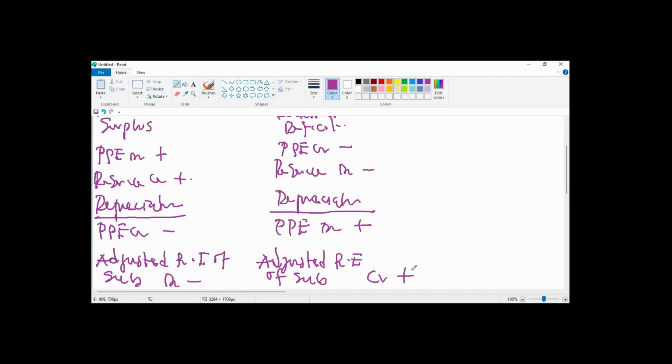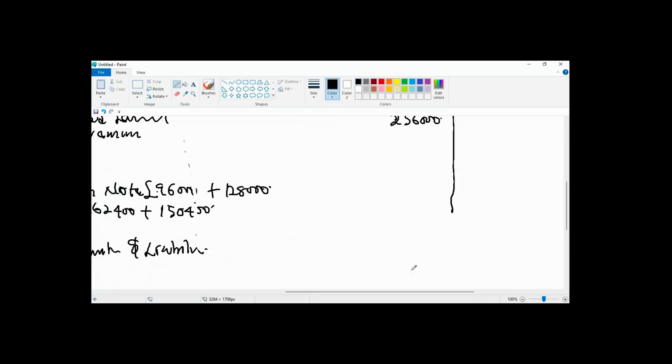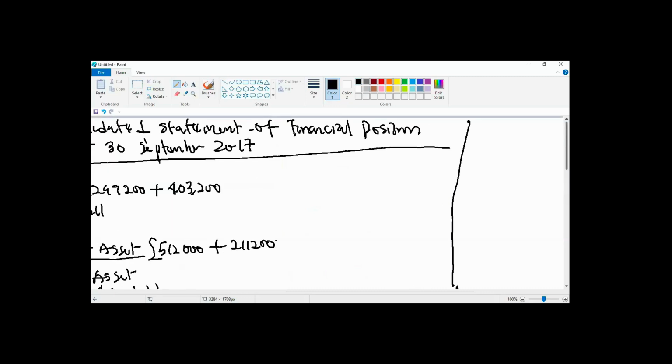Well, let's pause this one. What does this say? At the date of acquisition, the subsidiary's net assets were equal to the carrying amount with the exception of an item of plant, which had a fair value of 64 in excess of the carrying amount. I'll go to the question. PPE debit plus 64.